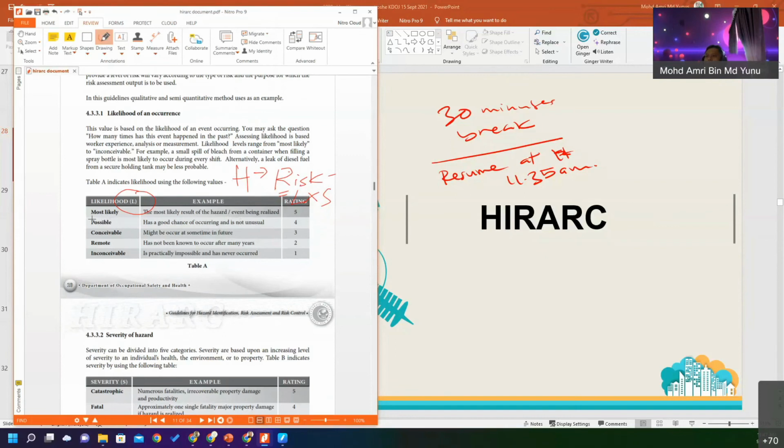For example, we identify the hazard, and we think that, okay, that hazard is most likely to happen. How do you determine it? By how many times this event has happened in the past.